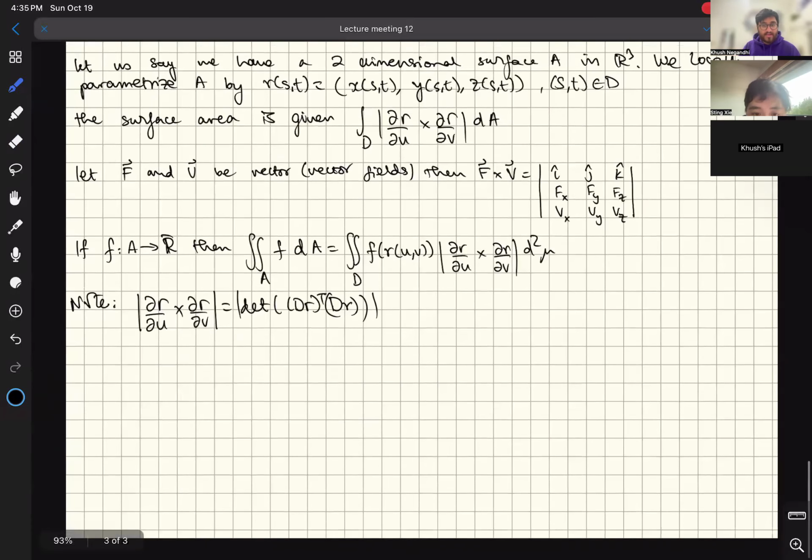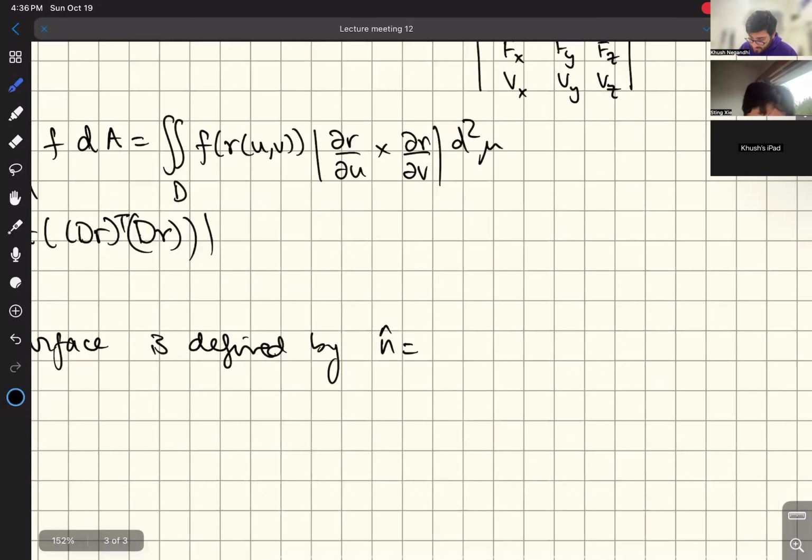And to do this, we can define something called the normal vector. So the normal of a surface is defined by n hat. So it's a unit vector, and it's just this volume element divided by its norm.